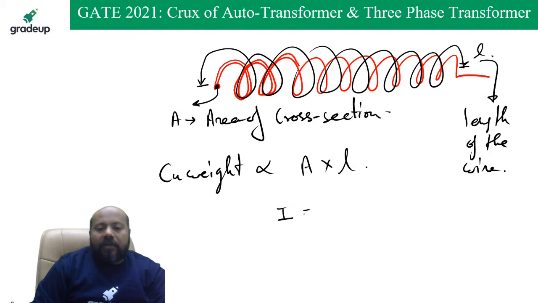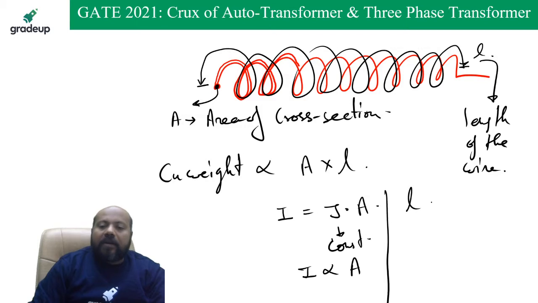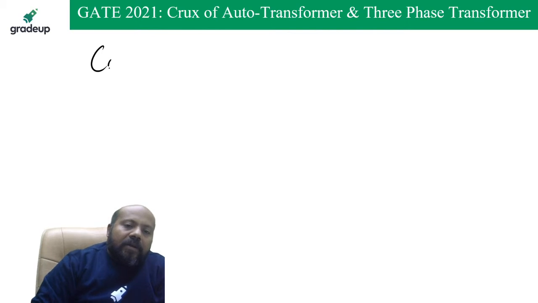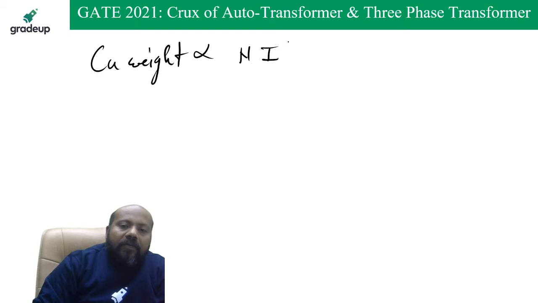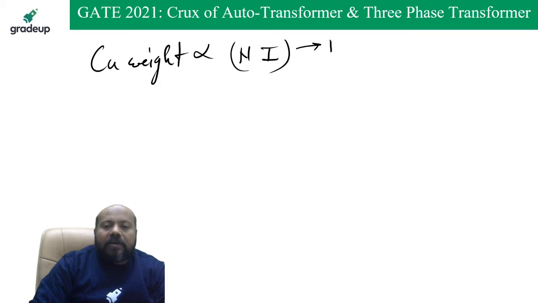You know that current is defined as current density multiplied by area. Current density is again a constant, so current is directly proportional to area, and the length of the wire of the winding is directly proportional to the number of turns. So you can write L is directly proportional to N. It means the copper weight can be represented as number of turns multiplied by the current. Now number of turns multiplied by the current is nothing but MMF. Yes or no?